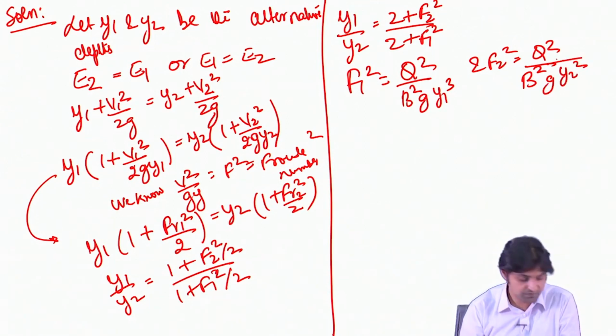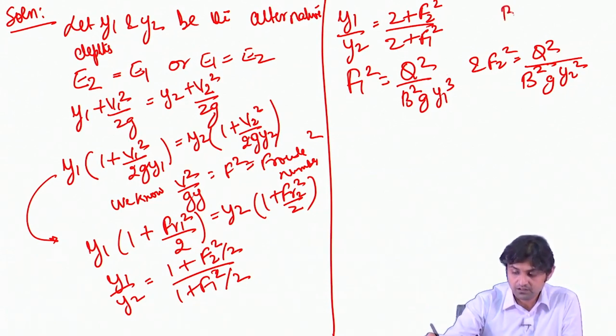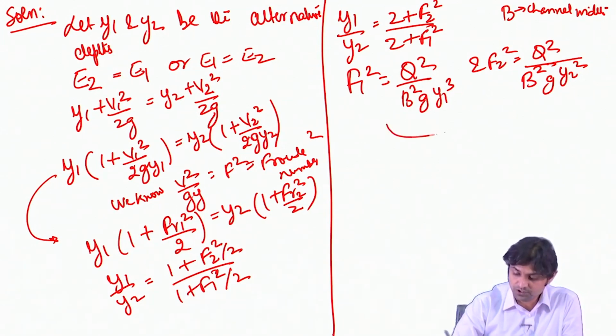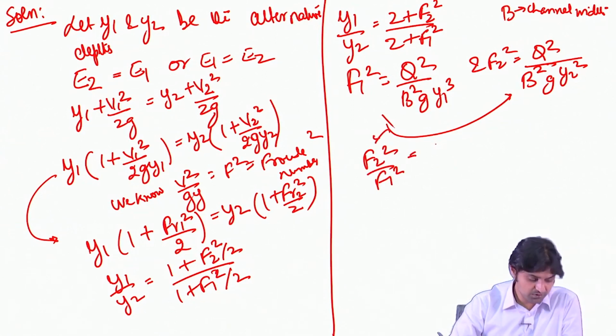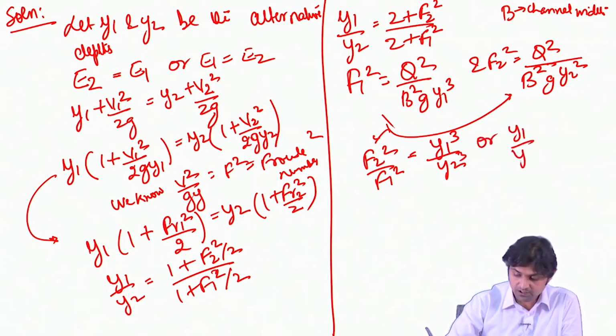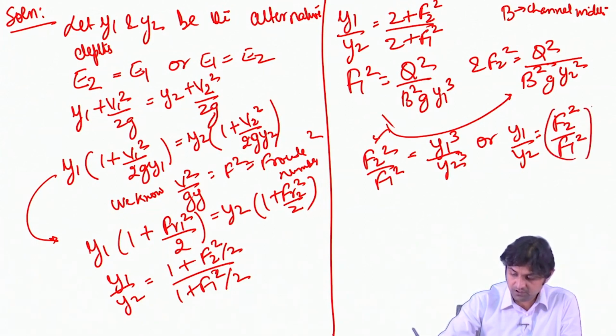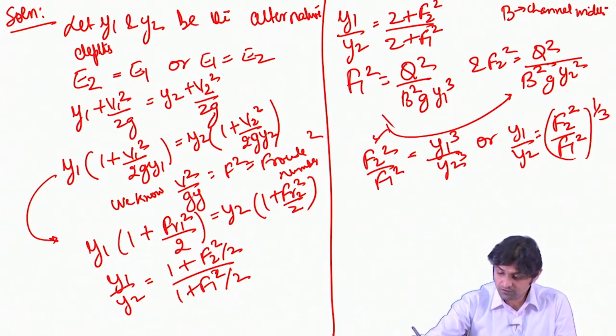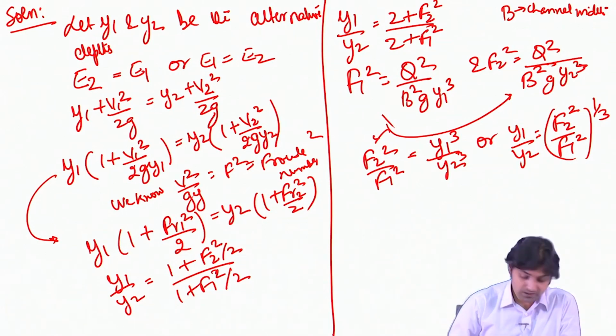Using these two equations, we can write F2 square by F1 square as y1 cube by y2 cube, or y1 by y2 is equal to (F2 whole square divided by F1 whole square) to the power 1 by 3. So, this was cube.